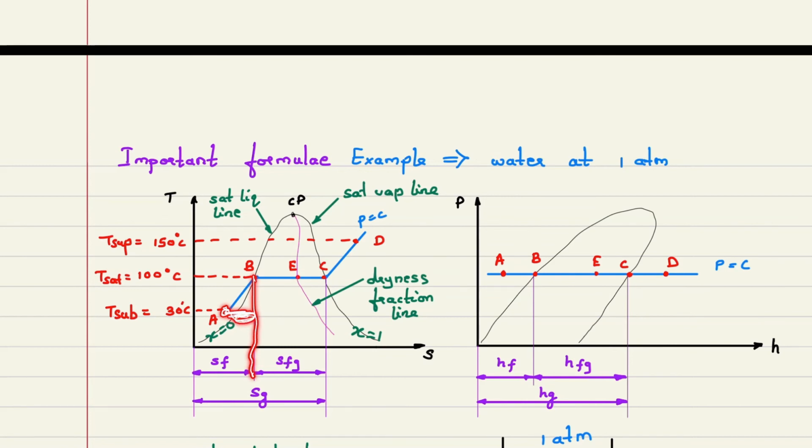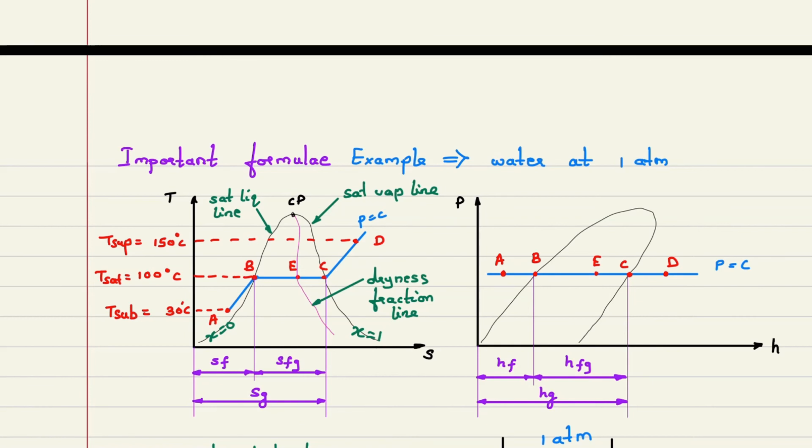What will this entropy be? It will be Cp of liquid, because this is subcooled liquid, so Cp of liquid log Tsat upon Tsub. So this is about entropy.